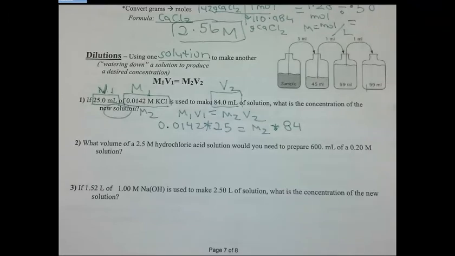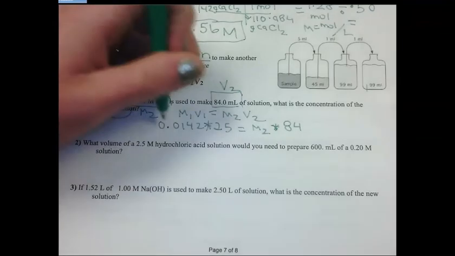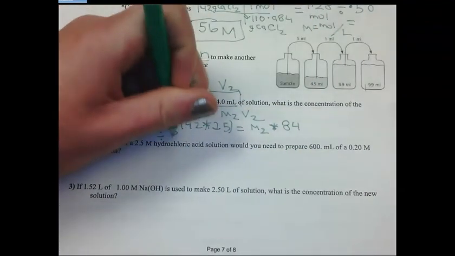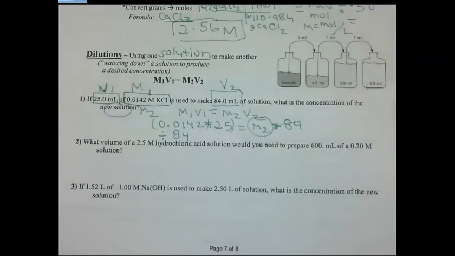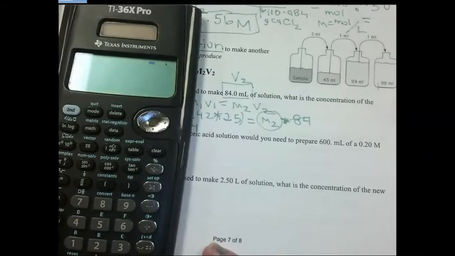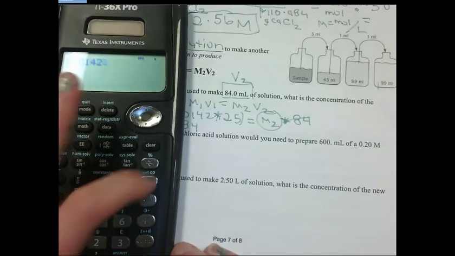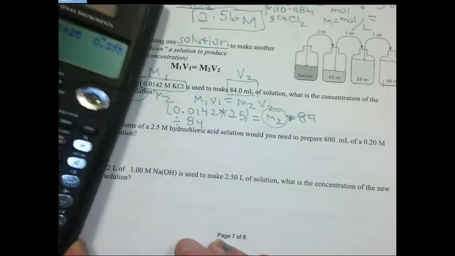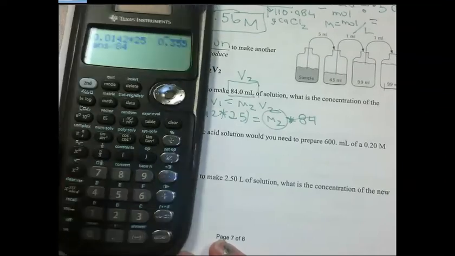So I always tell my students multiply the pair and divide by the one that's left over. So I'm going to multiply these two and divide it by this one to give me M2. I like to do it all in one step. So it would look like this when I plug it in. And then I'm going to divide by 84.